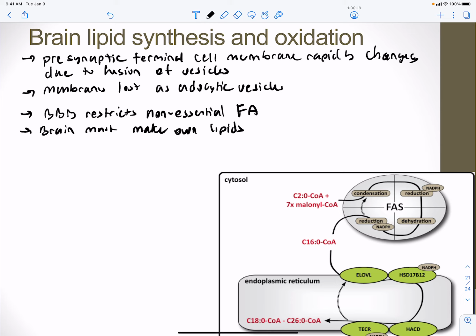The neuronal signaling also requires that non-neuronal glial cells synthesize myelin, and myelin is lipid rich. And so that also takes a lot of fats. So since the blood-brain barrier is going to inhibit non-essential fatty acids and lipids into the CNS, they're going to make their own. Essential fatty acids can enter, remember that.